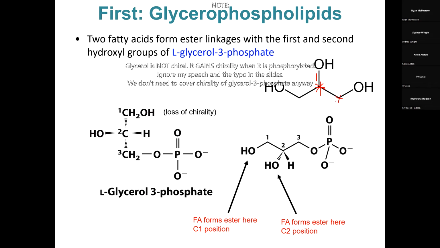Sorry, this here and this here. It's harder to concentrate when we're doing this at a screen rather than in a classroom. So this is a chiral center because they have 4 different groups. No, this isn't a chiral center either. I'm making a mess of this.